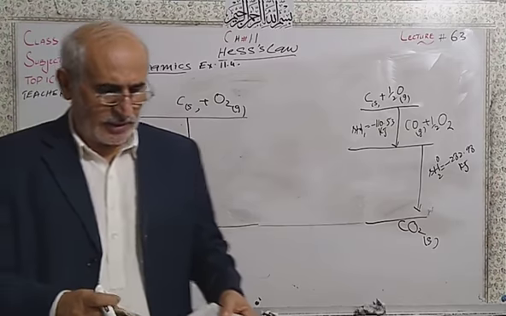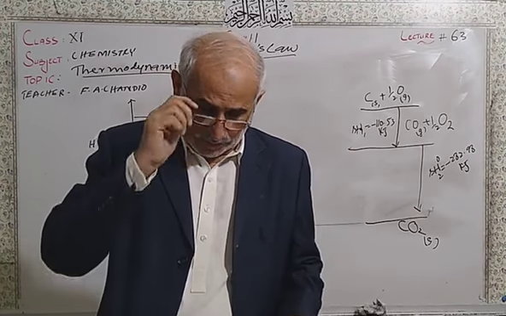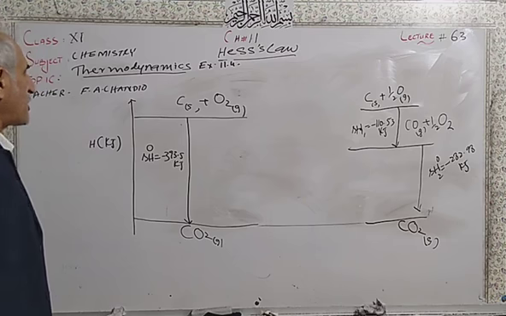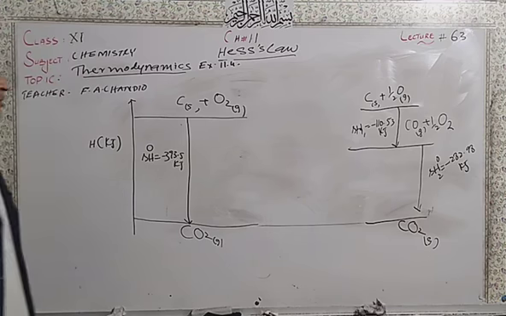So when the chemical reaction completes in one step or several steps, the delta H must be equal to the sum of those steps.